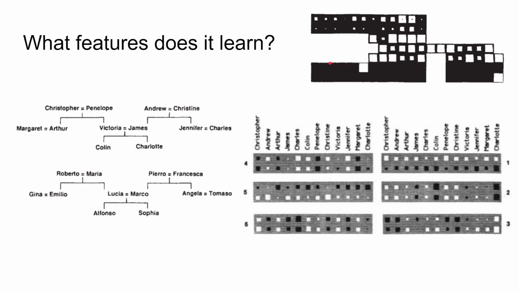So again, from last class, this was learning the family tree. One of the inputs is what person it is. The other input is what the relationship is. These features here, for example, were built up out of weighted sums of these features here. And what they wanted to do is analyze what the features were that it learned that allowed it to learn about this family tree.